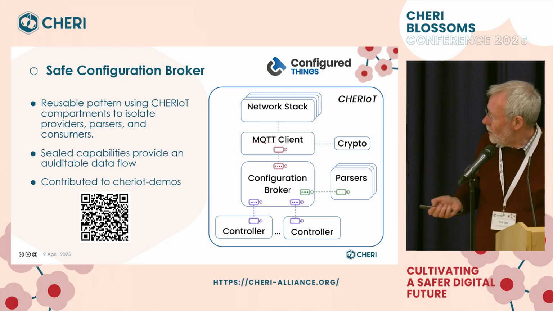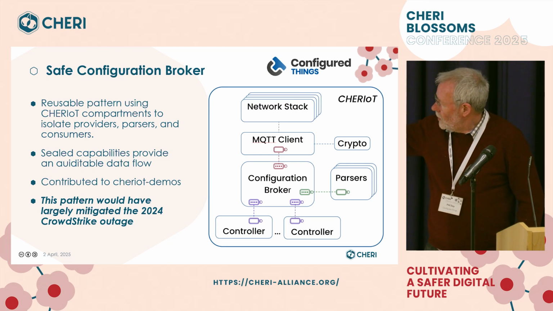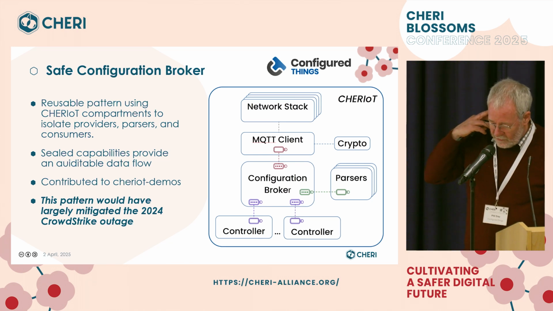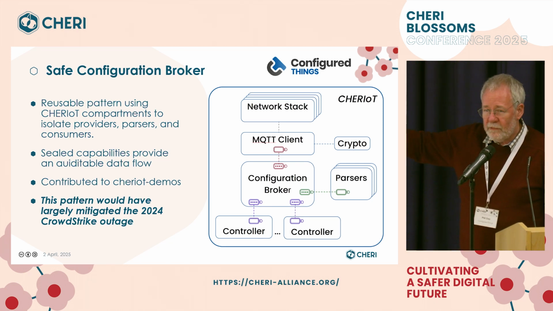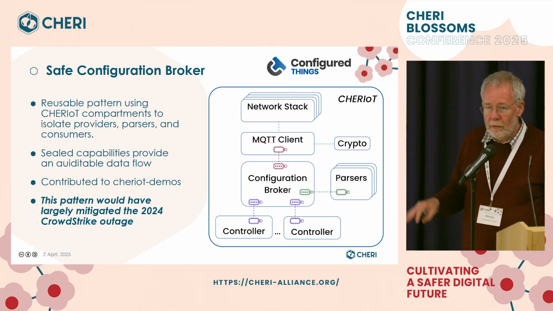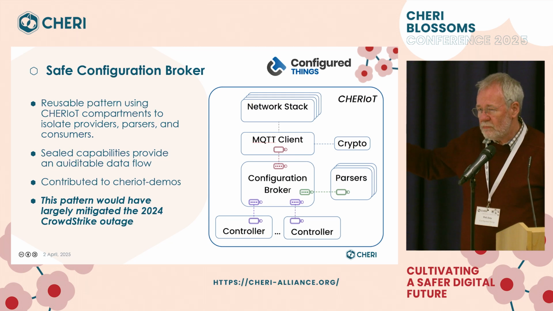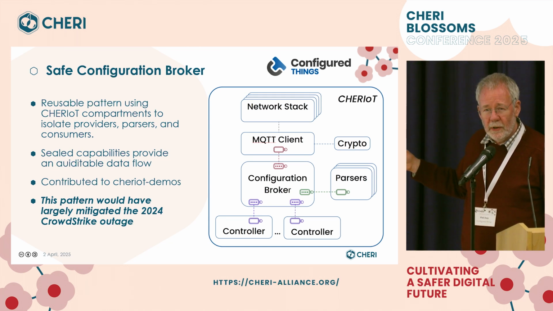And to put this kind of capability into context, because we've presented this to some people and they have a bit of a so what: had this kind of approach been in place, then CrowdStrike would have been largely mitigated. CrowdStrike really came about, luckily, not from malicious data. Had it been a malicious attack, it would probably have been even harder to recover from. But basically, data that was slightly wrong hit a bug in their parser, and the parser was running in a trusted domain with the Windows kernel where it really didn't need to be.